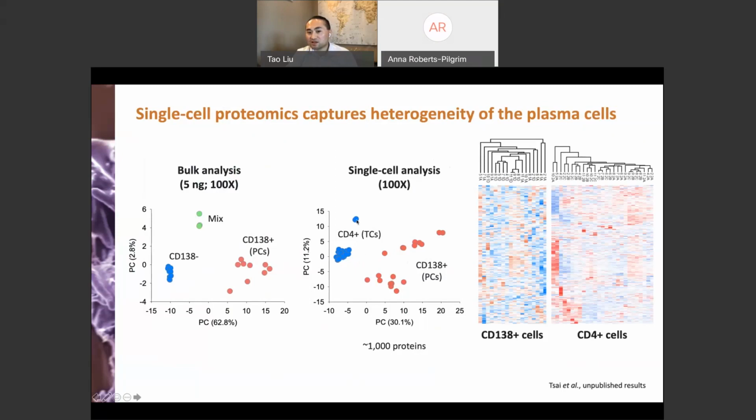There are 2 cells that are far away from all the rest. You can see we can capture these differences very nicely in the protein profile of these 2 cells. And same as in the plasma cells, there are definitely differences across different plasma cells that we isolated using FACS sorting.